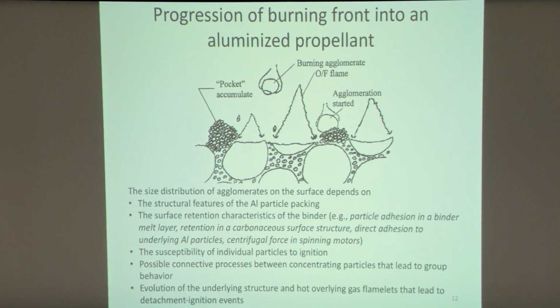Here's my coarse AP, the binder here, and what's down in here is also finer AP and my aluminum particles. Okay, so now this surface is going to be regressing down. And remember, the surface temperature is not necessarily at the melting temperature or the ignition temperature of the aluminum.